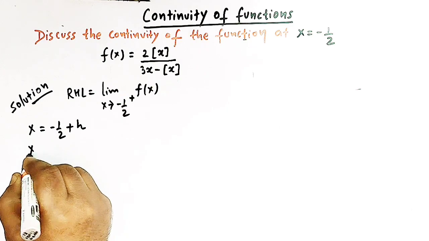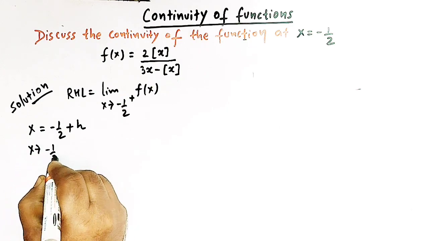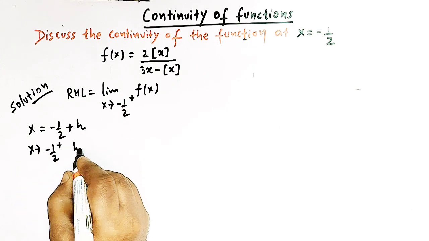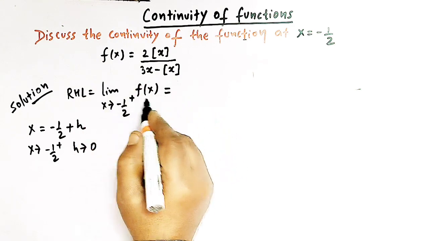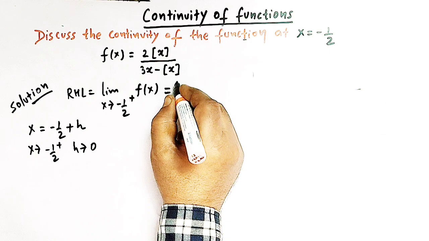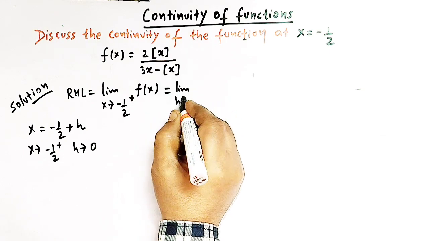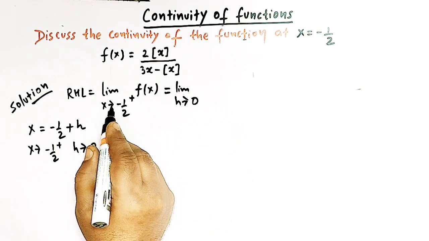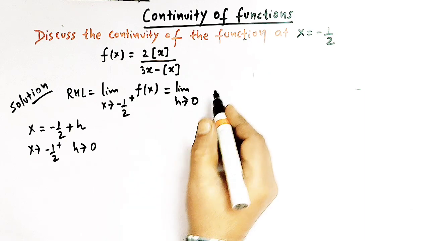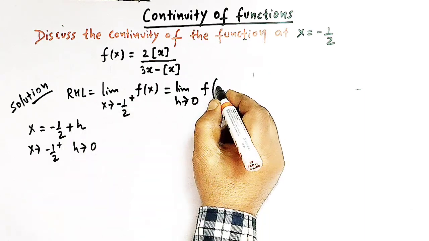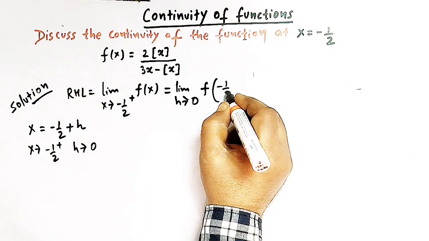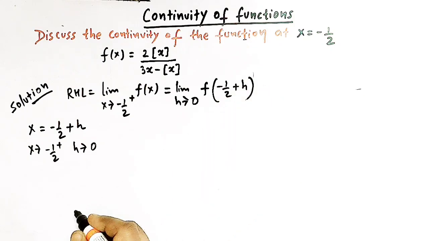So when x tends to minus half, then h tends to 0. We can now express this limit in terms of h, and x can be replaced by minus half plus h.